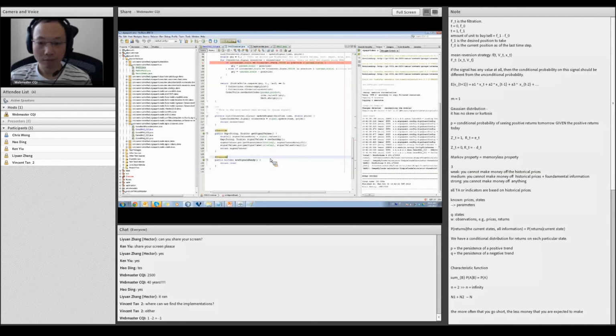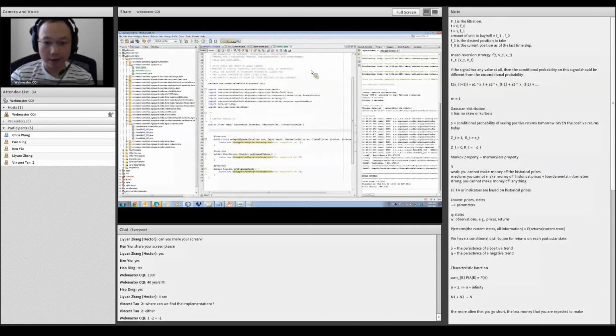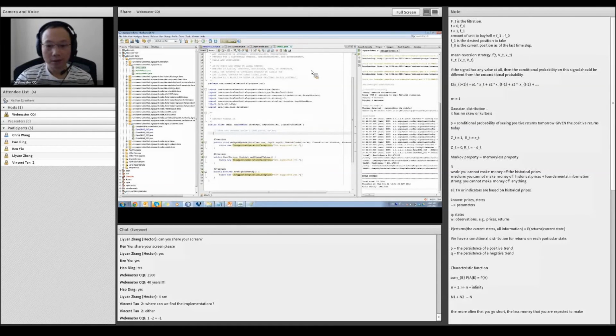Okay. So given these strategies, let's put a comment here. Can you try to code it up? Basically, you need a state. The state is very simple. It's just the last price.